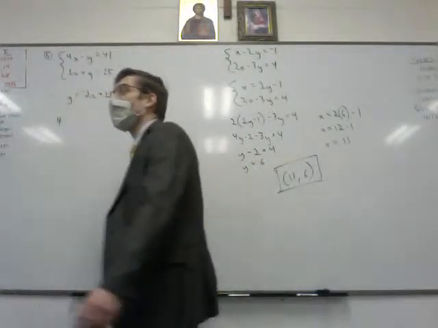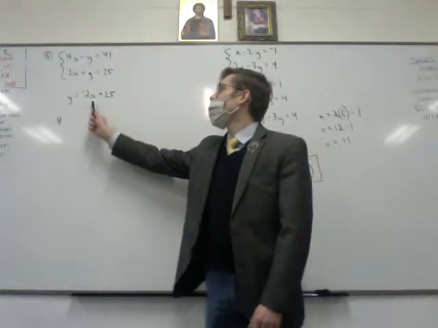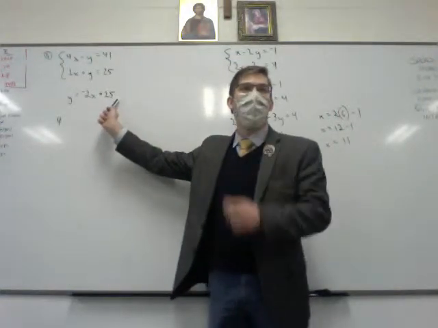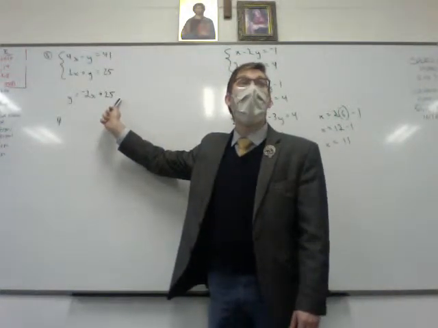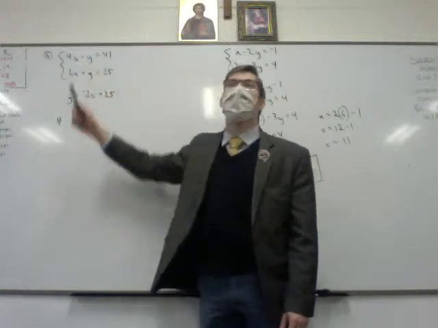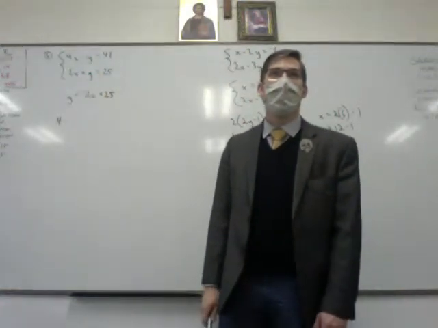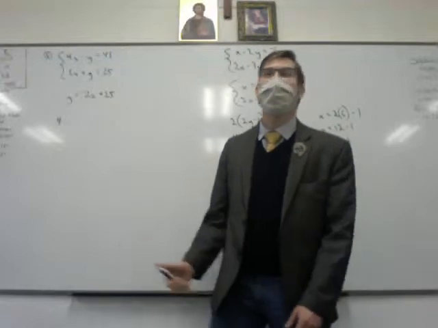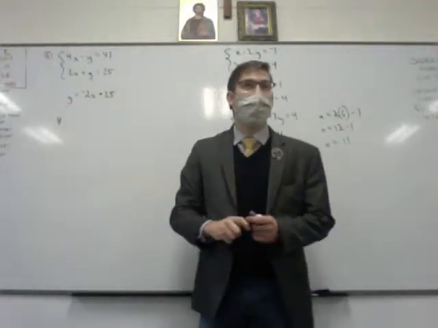Okay, listen. What variable is getting replaced by negative 2x plus 25? Y. So when I rewrite this equation, what happens to that 4x? Nothing. We're not replacing x, we're replacing y.